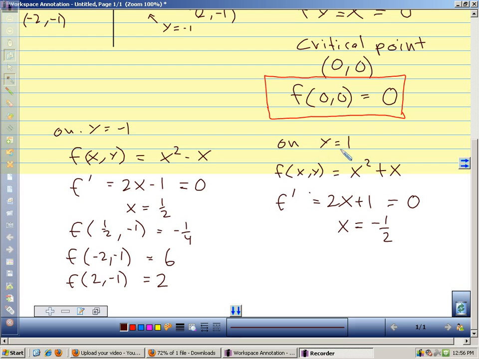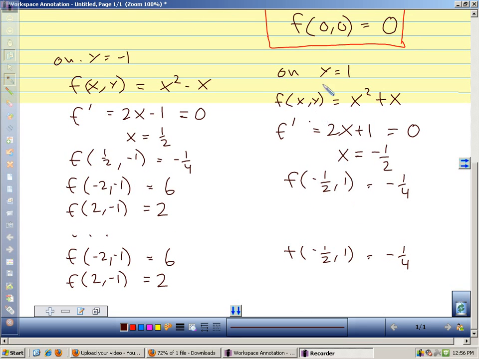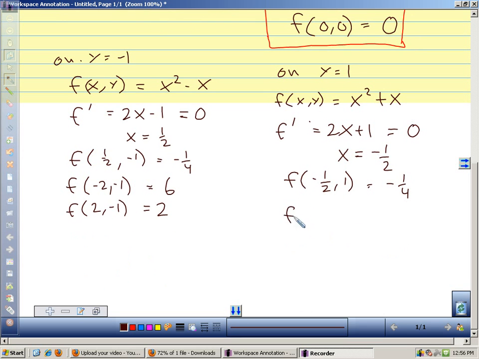And we're on the boundary y equals 1, so f of minus 1/2, 1 is the point that we're interested in. That is minus 1/4 again. And we're going to look at the endpoints of this interval as well. So we're going to look at f of minus 2, 1.